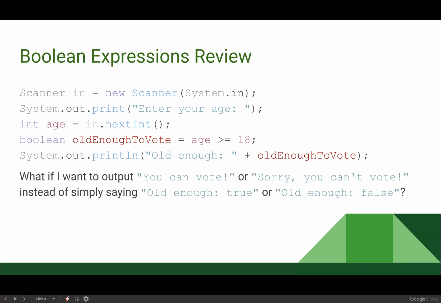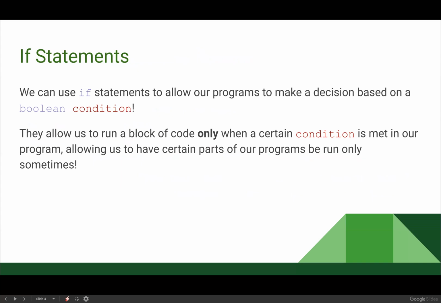But what if, instead of just printing old enough true or old enough false, I wanted to print a slightly more personalized message like you are allowed to vote, or sorry, but you are not old enough to vote? With what we have currently learned, we can't do that. So what we need are if statements.